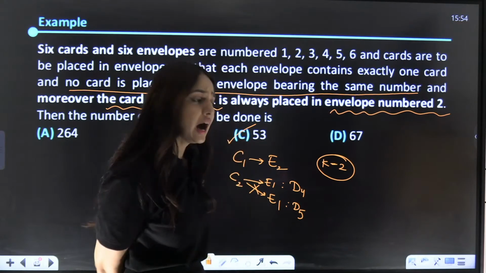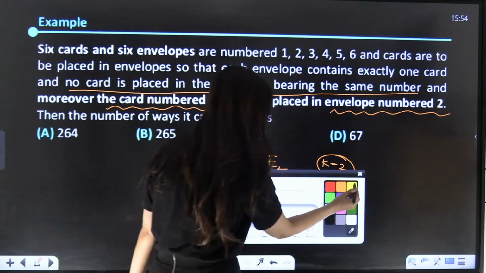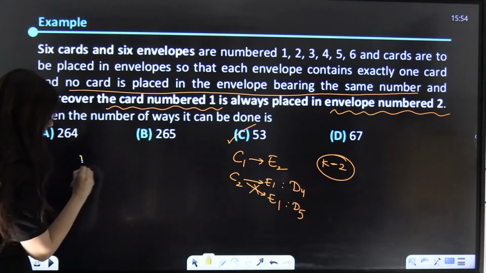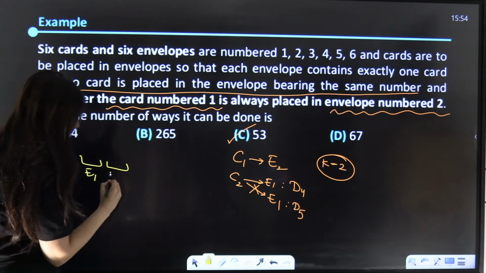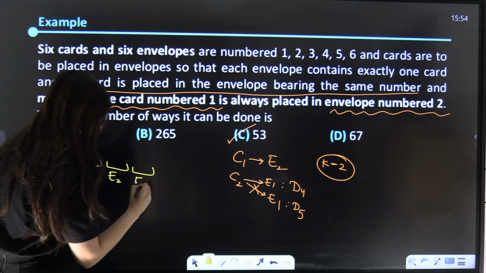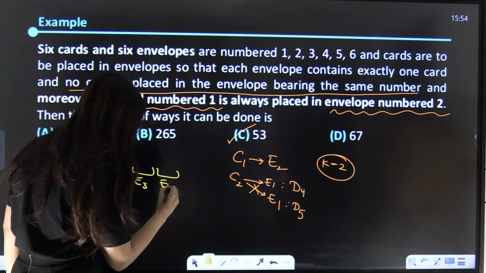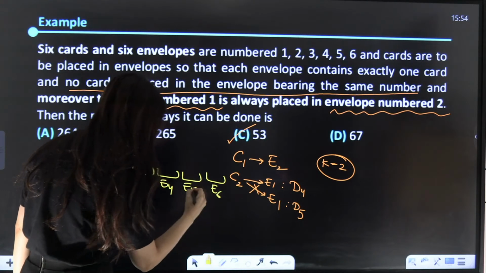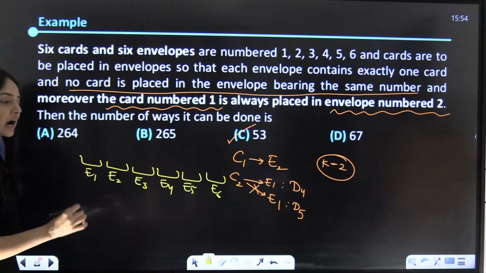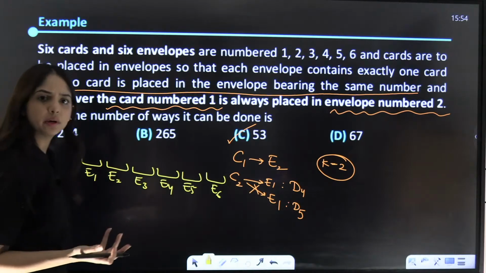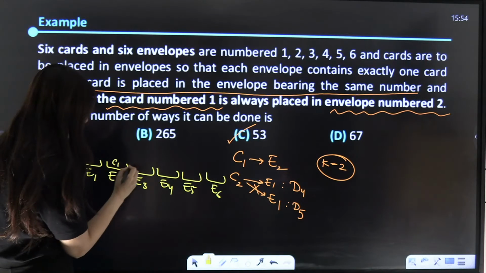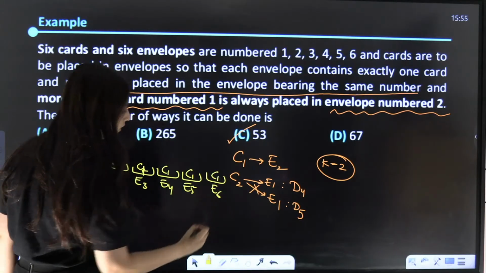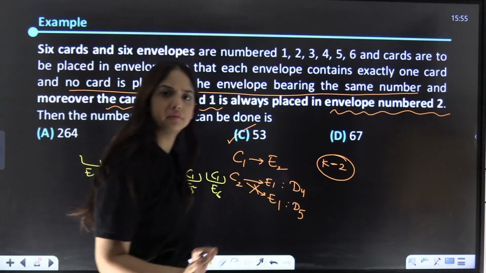Another way of looking at this is when we had these 6 envelopes. Card 1. Where could card 1 go? Card 1 could have gone here, or here, or here, or here, or here. 5 options.